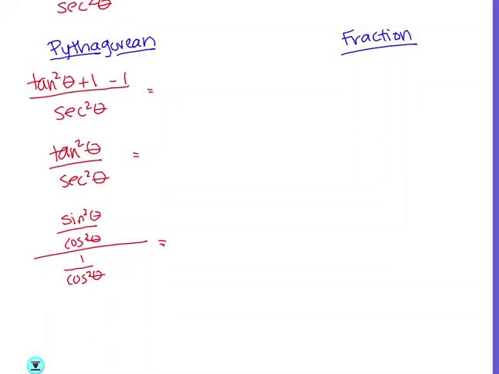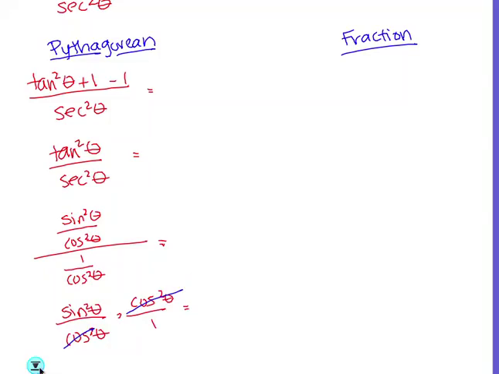So then, since I'm dividing fractions, I want to take this fraction, flip it, to give me sine squared theta over cosine squared theta times cosine squared theta over 1.